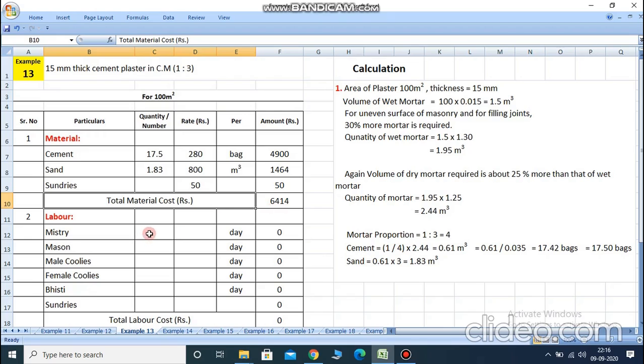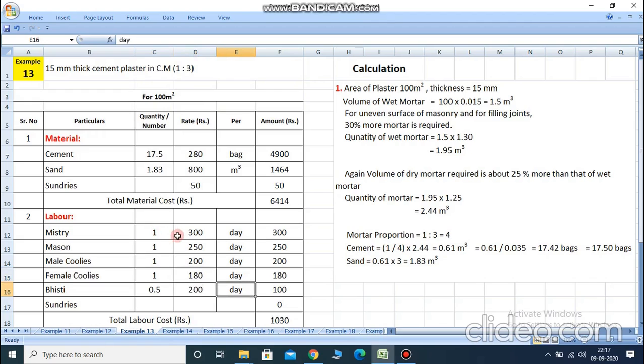Now the labor cost. The number of labor required: one mistri, one mason, one male coolie, one female coolie, and half a bistri. Now the rate per day is 300 rupees for the mistri, 250 rupees for the mason, male coolie is 200 rupees, female coolie per day rate is 180 rupees, and the bistri rate per day is 200 rupees.